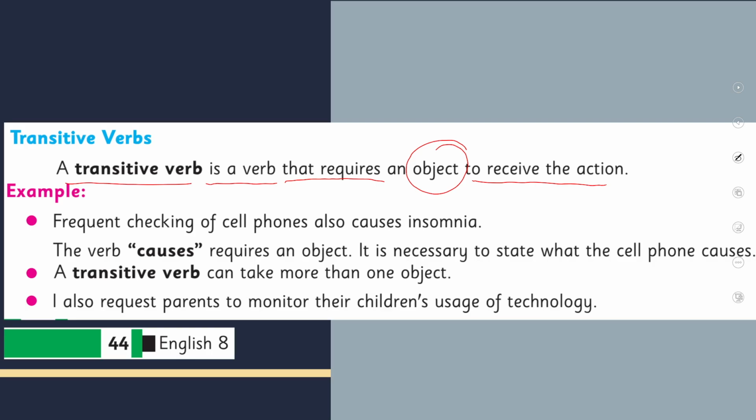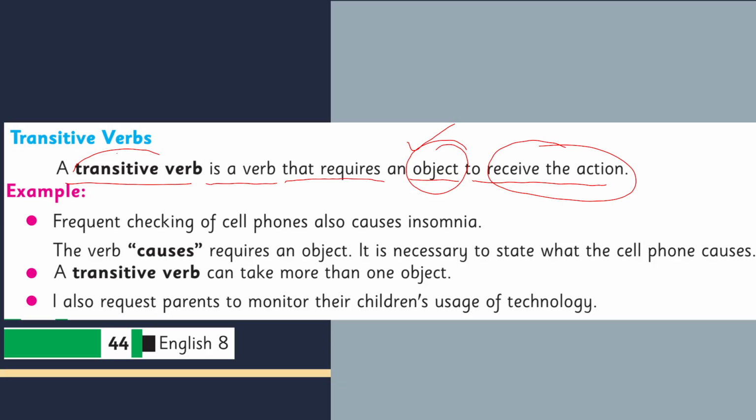It means there is a word that requires an object, the action, to be received, and this is what we call our object. And our object is receiving the action. When we have this kind of verb, we call it a transitive verb.